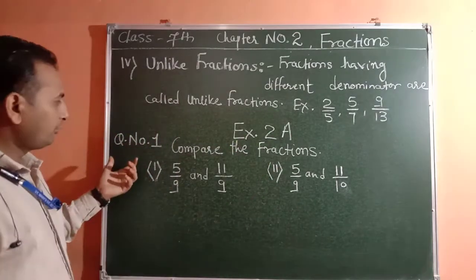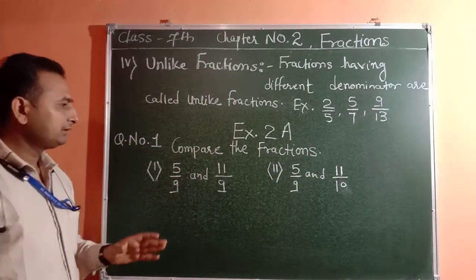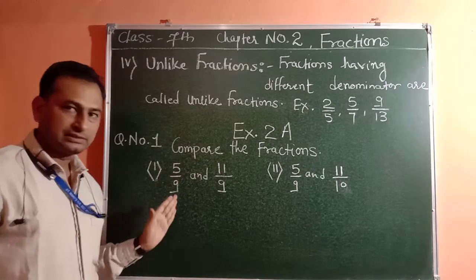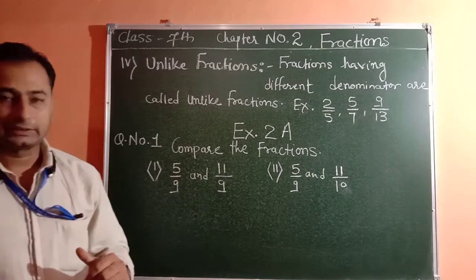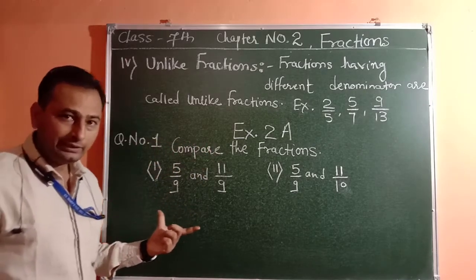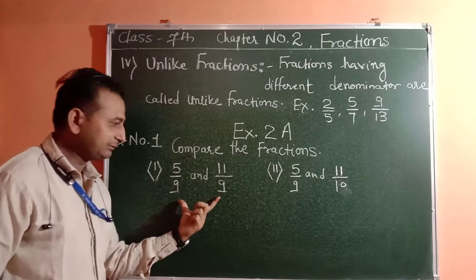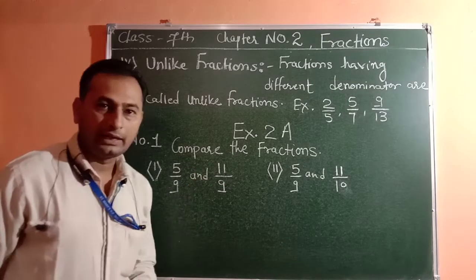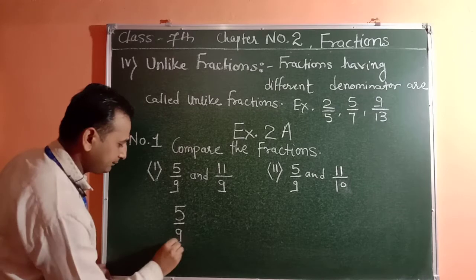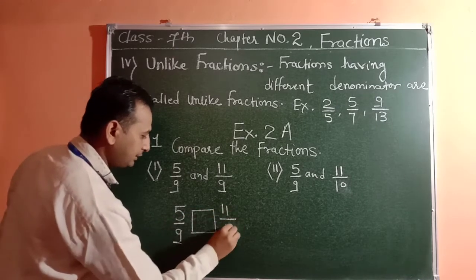Exercise 2.A. Question number 1 is compare the fractions. For comparing two fractions, first we have to know whether these two fractions are like or unlike. Here these two fractions are given. Are these like or unlike? These are like, because they have the same denominator, which means these two fractions are like fractions, 5 upon 9 and 11 upon 9.